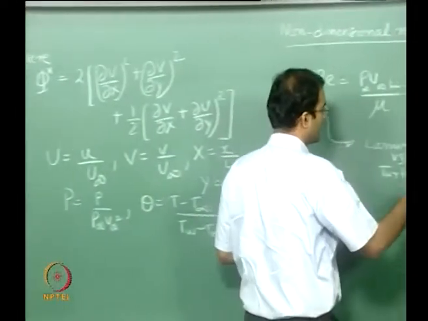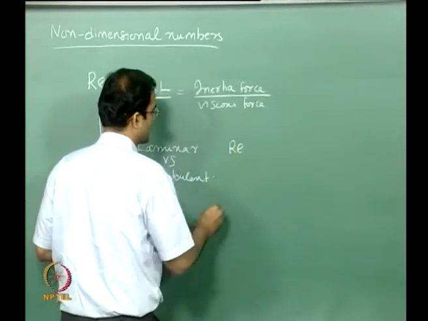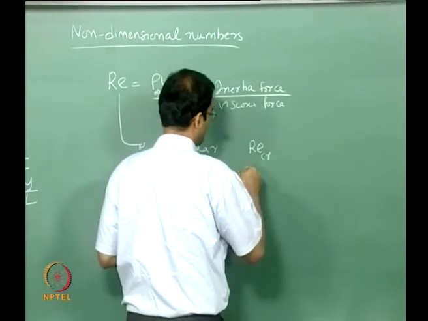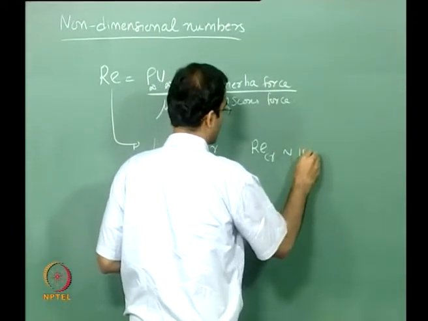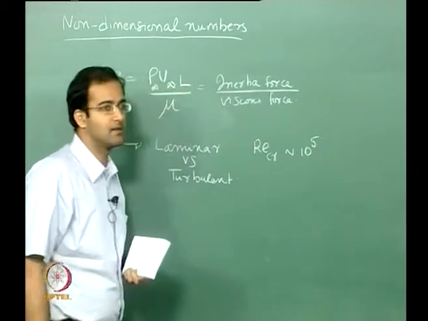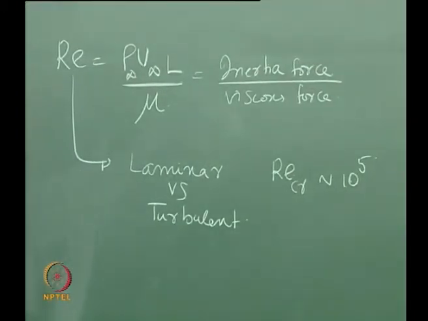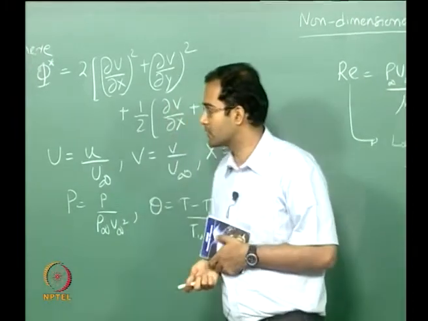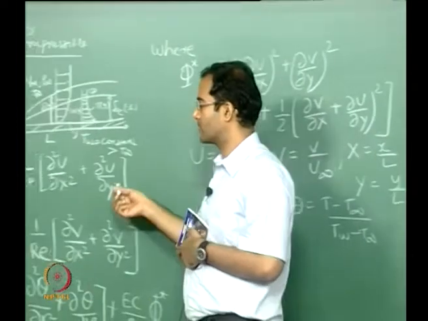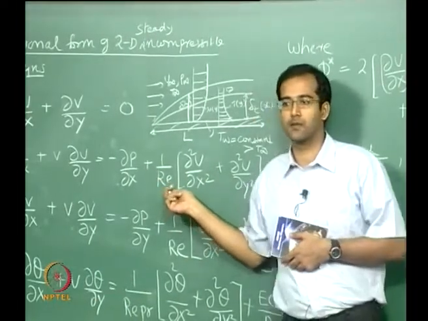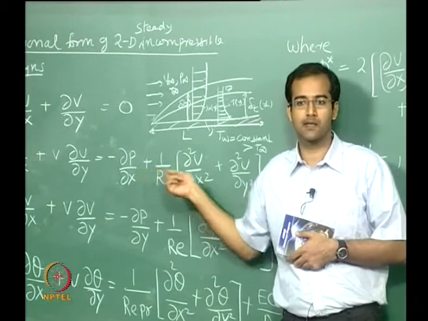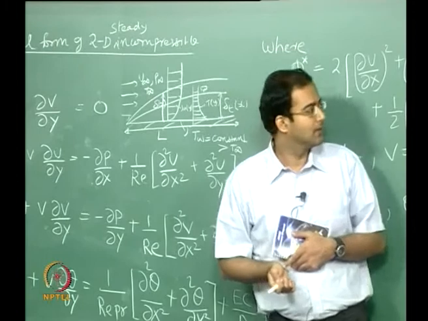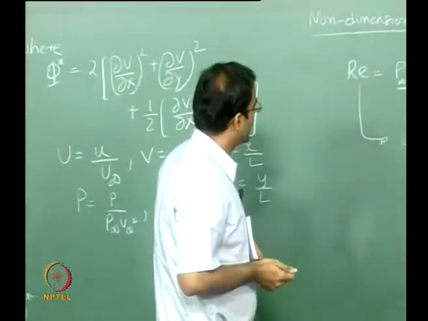Typically, the critical value based upon which you classify whether the flow is laminar or turbulent, in the case of a flat plate, is approximately 10 to the power 5. So this is a good example of how you are using the Reynolds number as a means of classifying the flows. Of course, you can also make approximations to these terms based on the Reynolds number. Very small Reynolds number you can neglect the inertial terms, extremely high Reynolds numbers you can neglect the diffusion terms. So that is one utility of the Reynolds number.